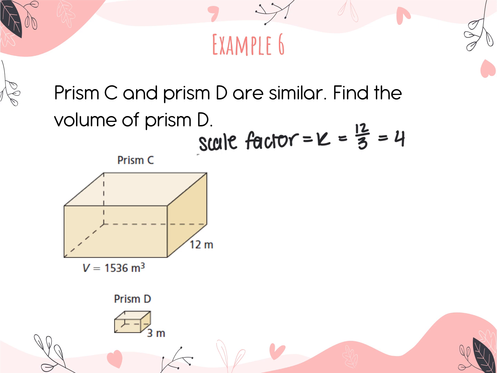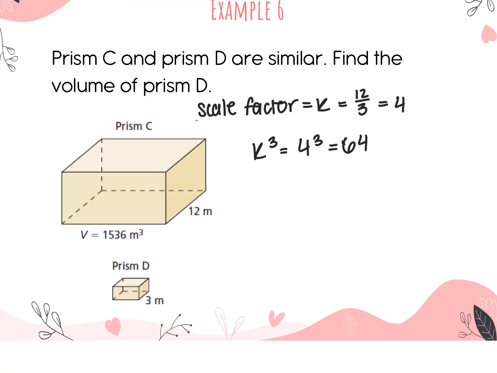Again, my ratio of volumes is equal to my scale factor cubed. So 4 cubed, plugging it into your calculator, is going to give me 64. So I have to set up a ratio. Setting up my ratio, I have the volumes, 1536 over, I don't know my volume of D, is equal to 64. Now I have to solve for my volume D. So what am I going to do?